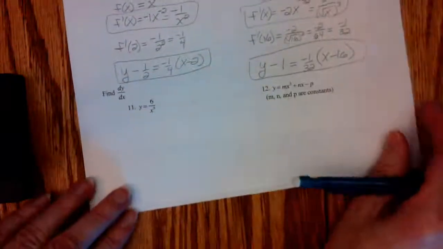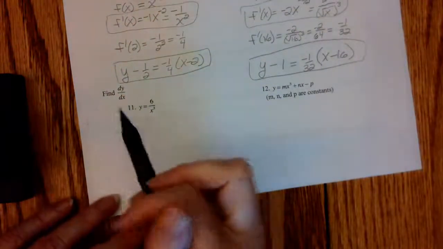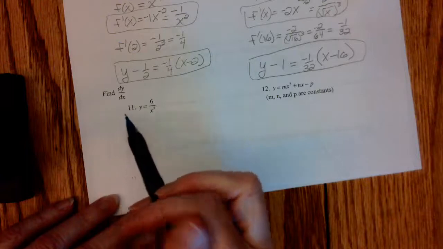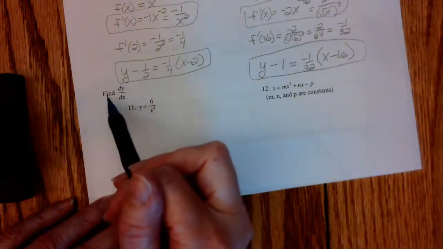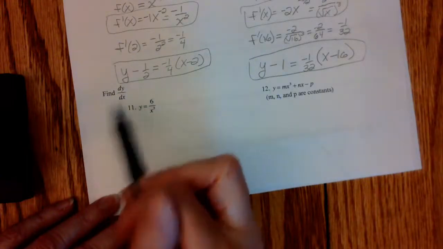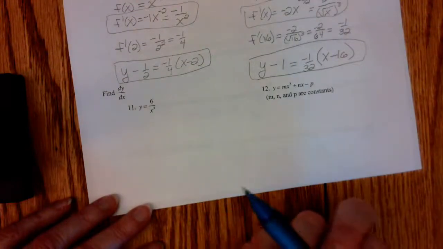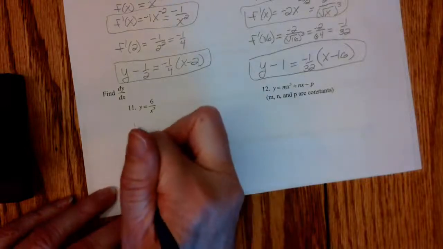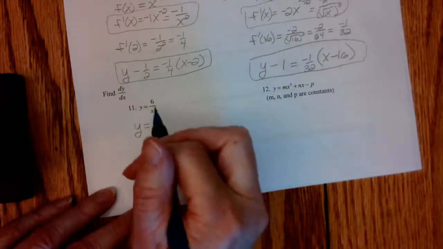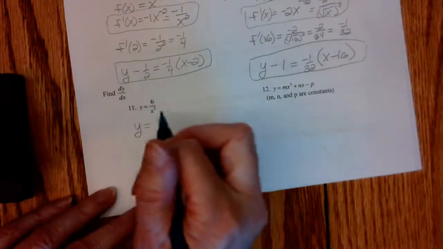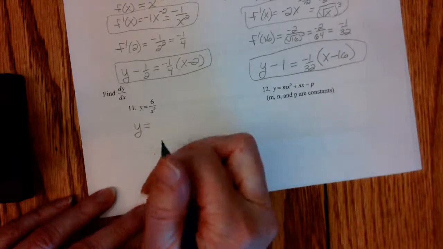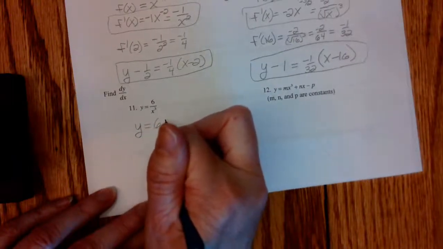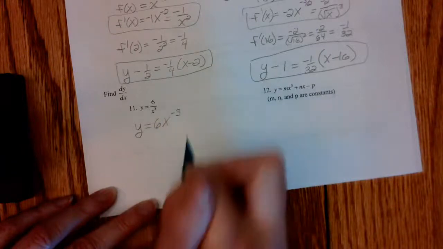Getting comfortable again with this notation and recognizing all the different ways to say slope. This one now is saying find dy dx. Well, the other one said find f prime of x. We're doing the same thing. We're finding slope. The objective, we always have to have things written as x's to powers. So I'm going to convert it and say 6x to the negative 3.